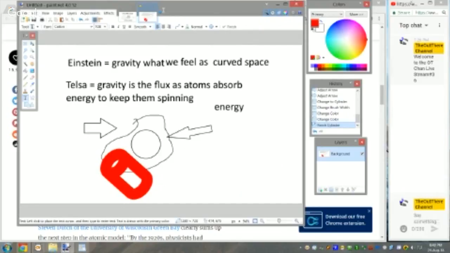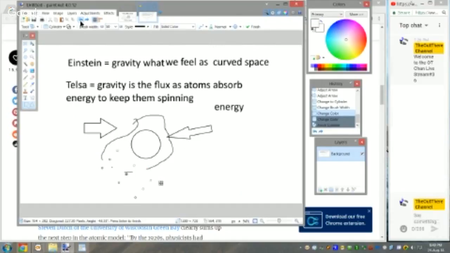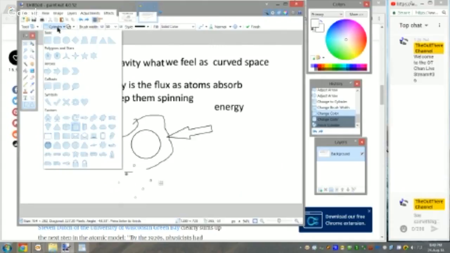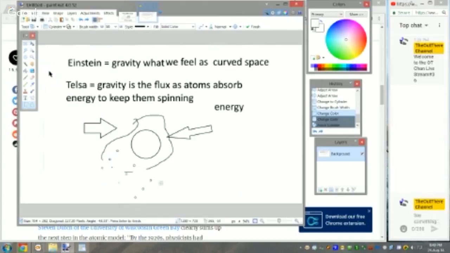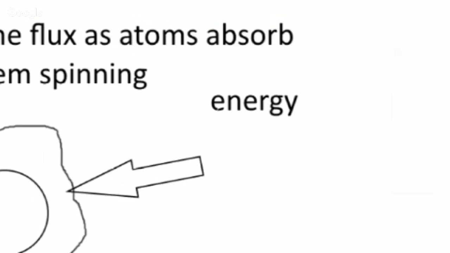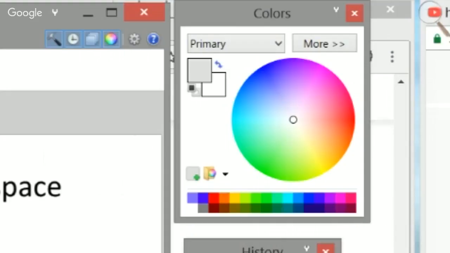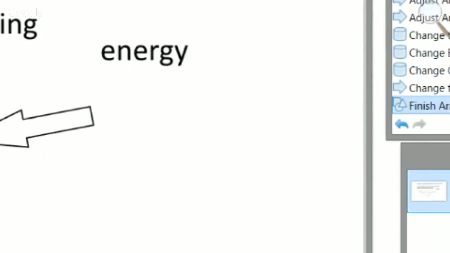How'd that get there? I don't remember drawing that one. That was meant to be an arrow, wasn't it? Now we've lost the black. I'll just copy it from one of these. Didn't work.